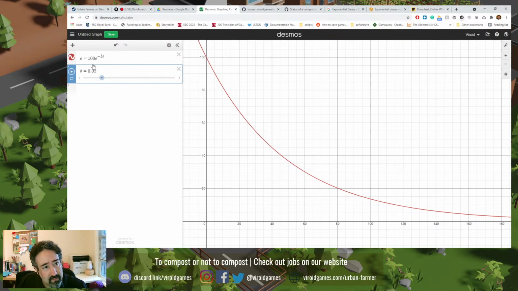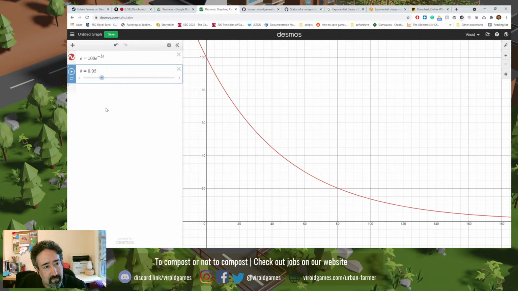So this is good, which means the interpretation of this is that at some point when we have 100% oxygen, every hour it's going to lose 2%. That's what this means.